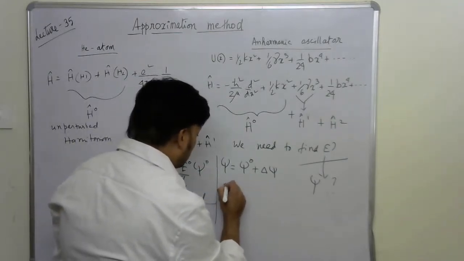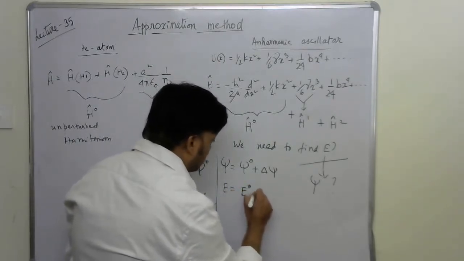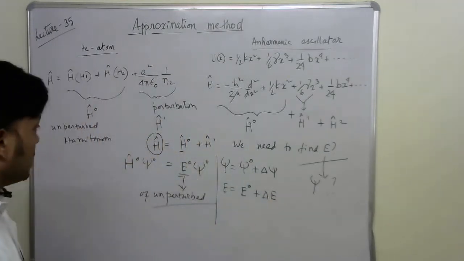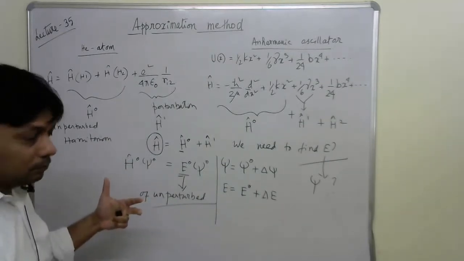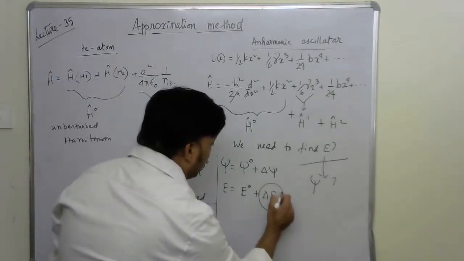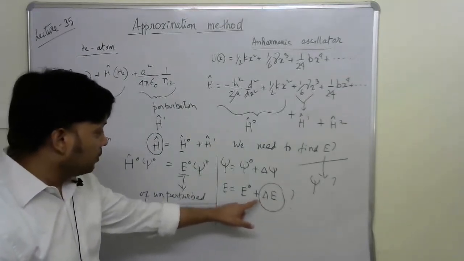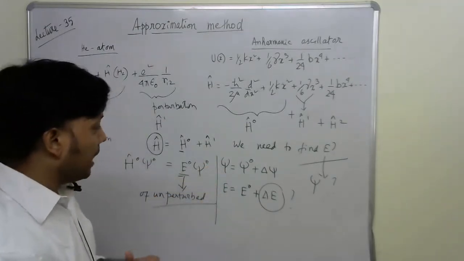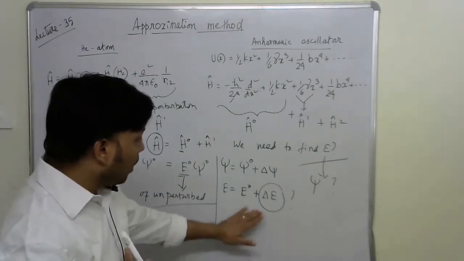And then the total energy E that we are going to solve is also E naught plus some change, that is delta E. So the approach says that if we want to find the unknown energy for the new system, which we cannot solve directly, we try to find delta E, and then if we add that to E naught, we will find our desired energy value for that unknown system. Okay, so our goal is to find delta E.